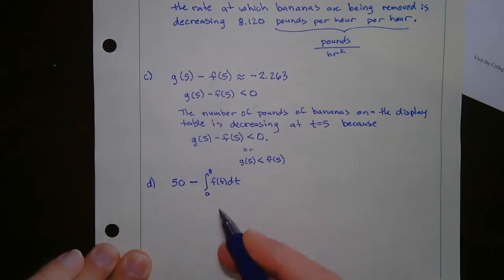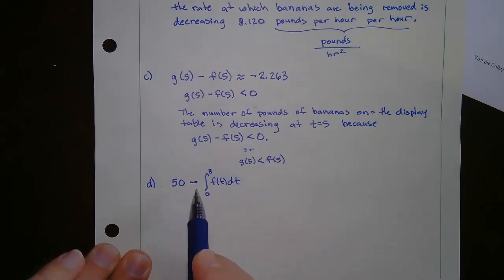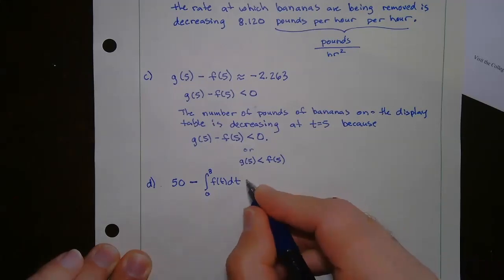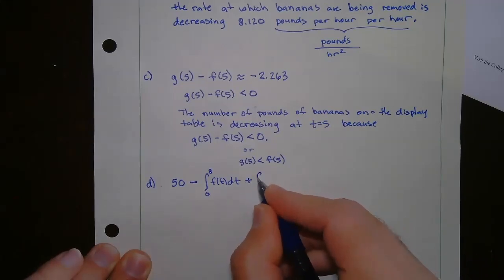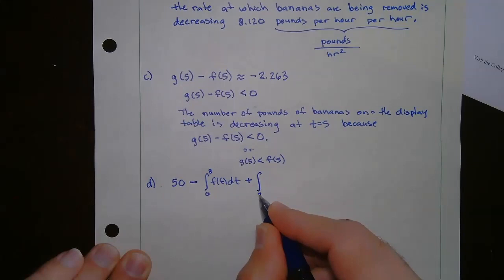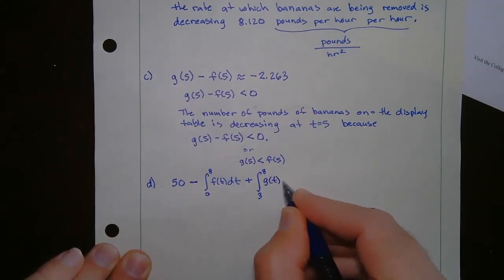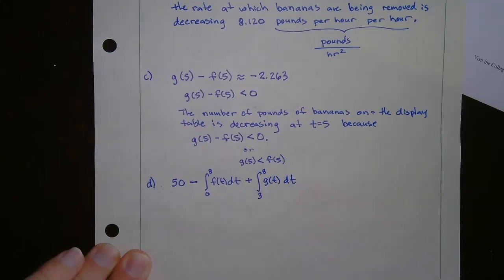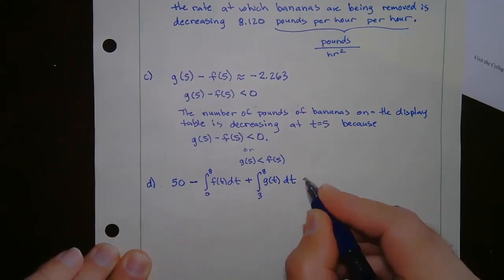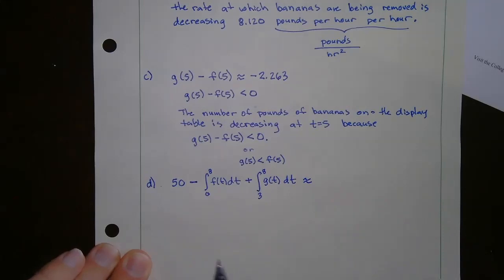What we started with, the amount that we removed, and now how much do we add back? So now we're going to have to add the integral from 3 to 8 of g of t dt. And we want to know, what does this come out to be? So we started with 50, we removed a certain amount of pounds of bananas, and then we added a certain amount of pounds of bananas.